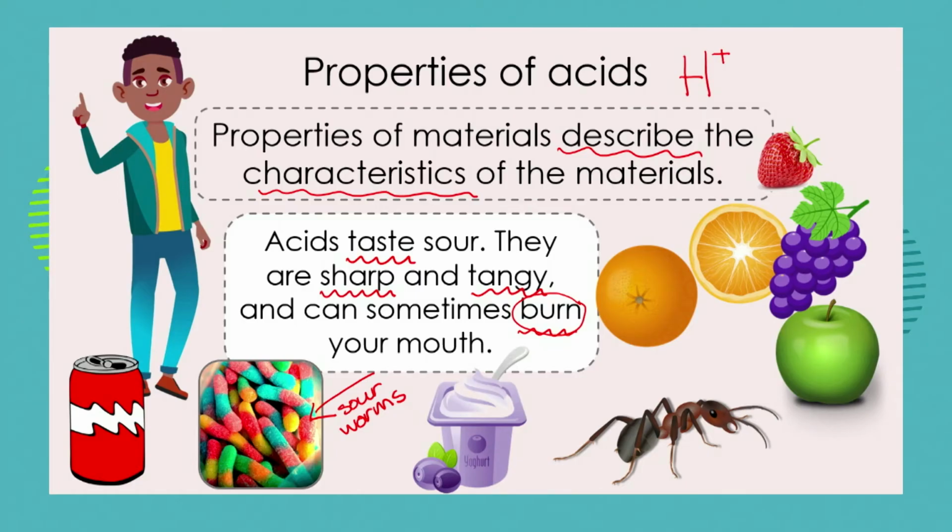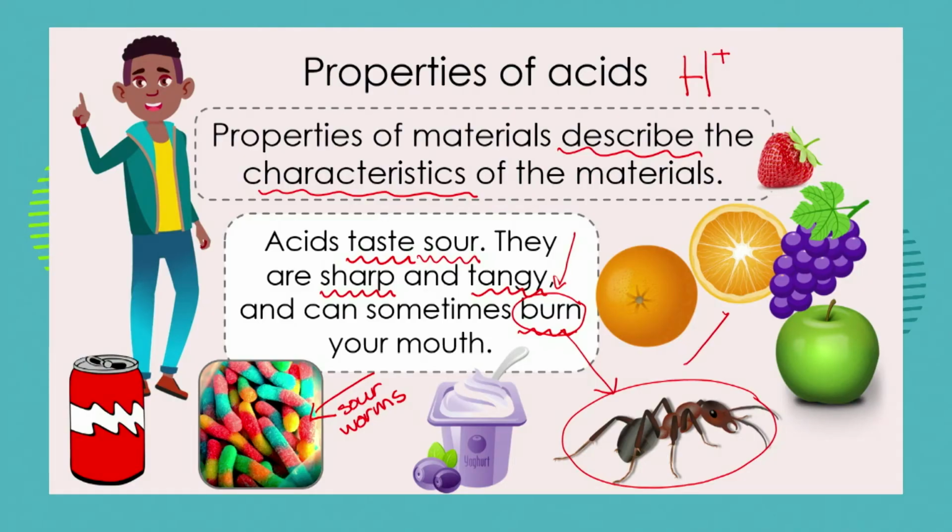And that is an indication that the acid not only tasted sour, but it can sometimes burn your mouth. Likewise, maybe when you were little, you ate ants, and that formic acid that was present in the ant would have definitely burnt your mouth. It would have felt like a sting to your mouth.